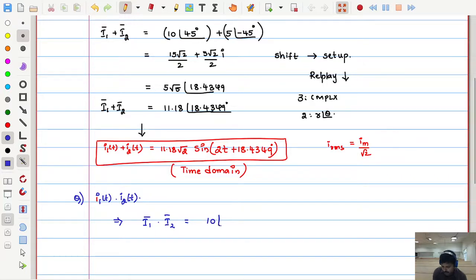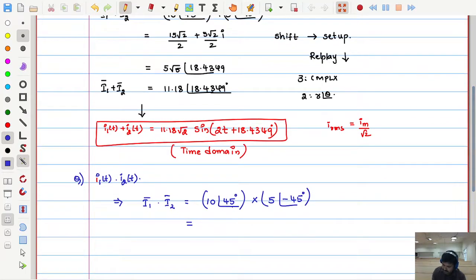So 10 at an angle of 45 into 5 at an angle of minus 45. The product is so simple when it is in polar form. Just multiply the amplitudes: 10 into 5 is 50. Then add the angles: 45 minus 45 is 0. This is I1 bar into I2 bar.